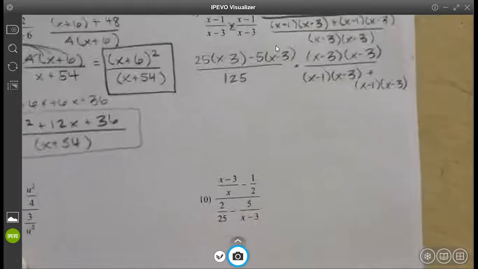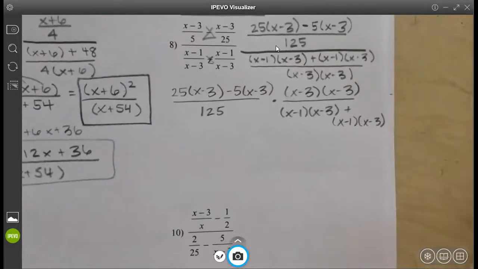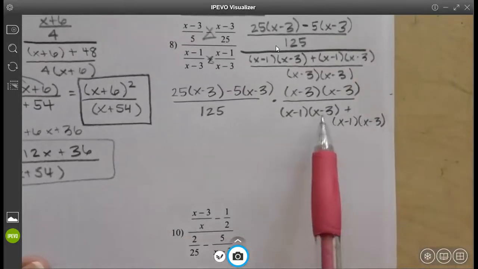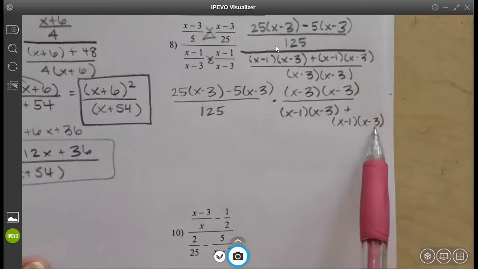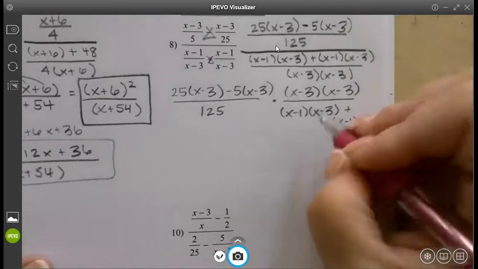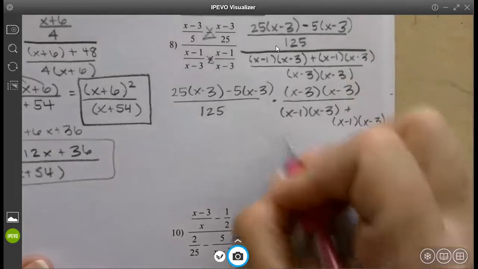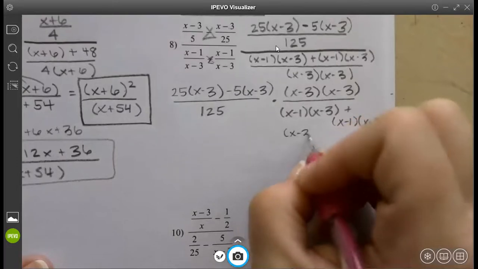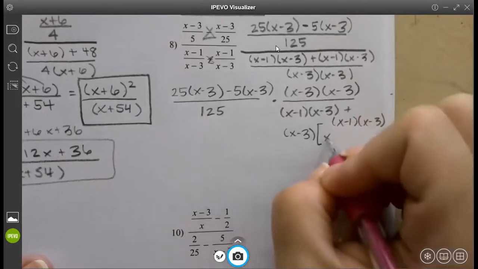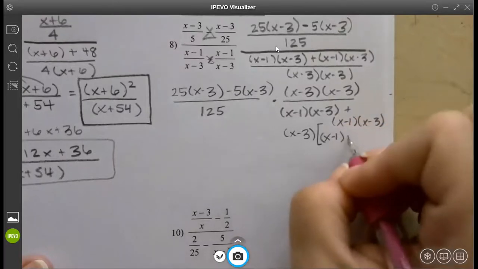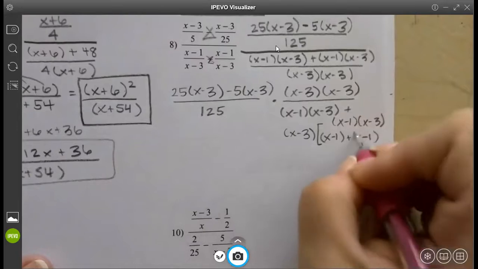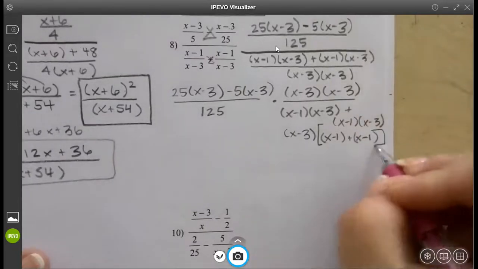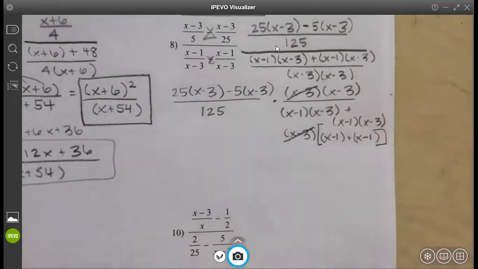Sorry, I didn't have enough room. Look at this carefully. What do these both have? Okay, so I can take that out. That's like a GCF. So we can mark one of those out.